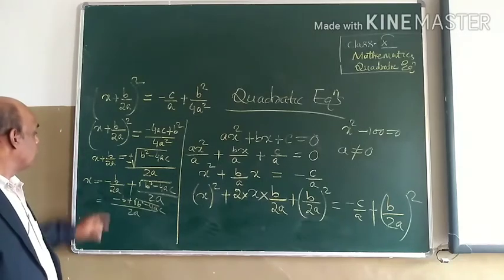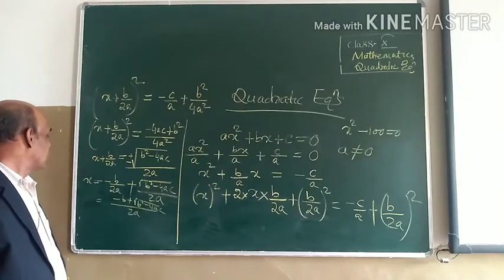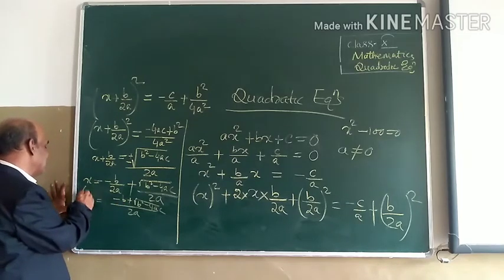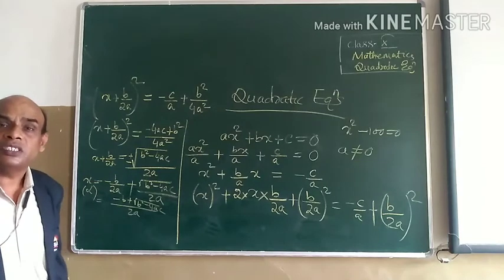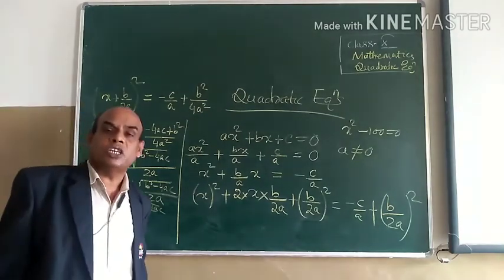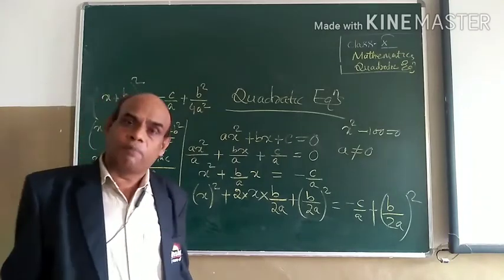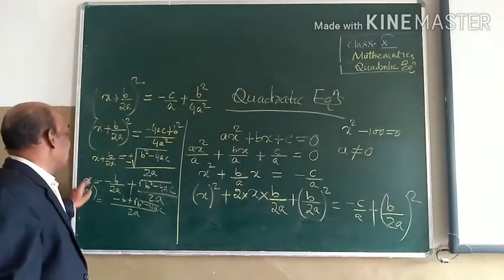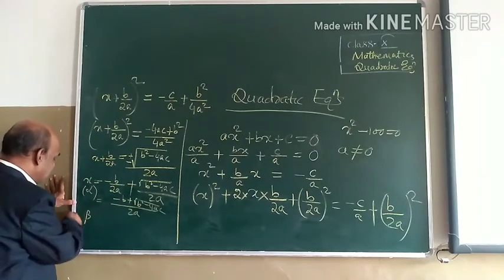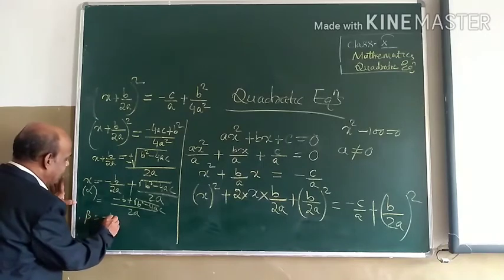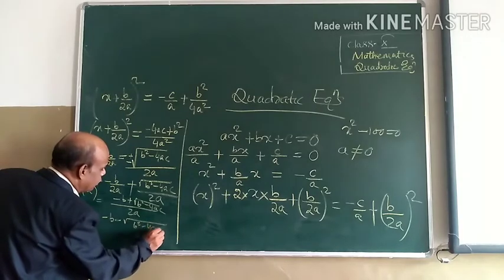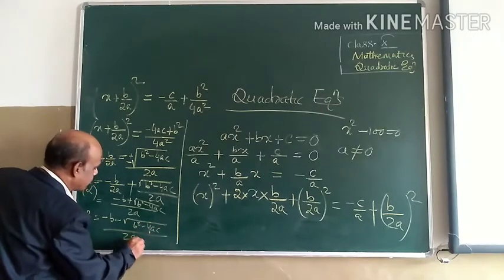So already we got one value, which is plus. Similarly, I will write another value. Suppose the plus value I will take as alpha. Alpha means the positive value, because I consider the plus sign. Let the positive value be alpha. So the negative value will be beta. x beta I will write as minus b minus root over of b square minus 4ac, divided by 2a.